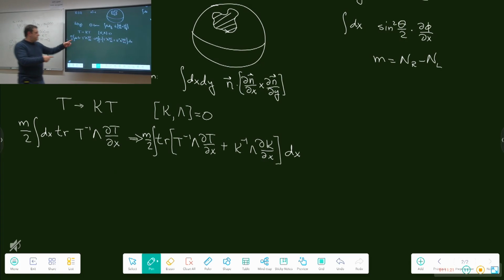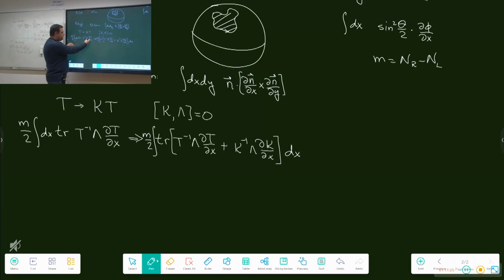Does everybody understand? If I put kt here and t inverse k inverse here, I can act with my derivative either on t or on k, and then I have either this term or that term. That should be easy. So this term is the same as it was originally. When we did this gauge transformation, this is what is added.